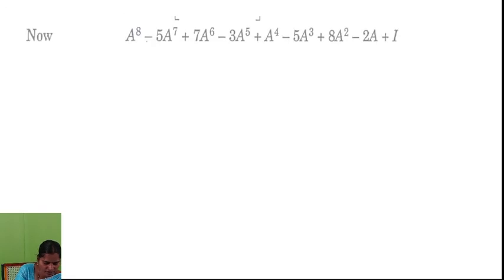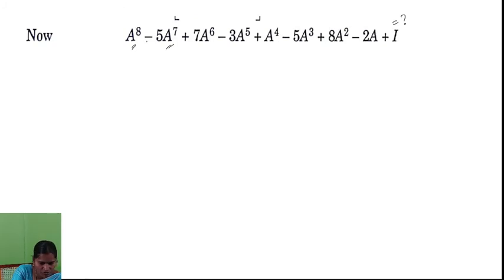Next, we need to simplify, which means we need to find the value of this equation. Finding the value of this equation is not very easy, because we need to find A power 8, A power 7 and all those terms. But finding A power 8 is very tough. So we shall think how to eliminate some other terms in this equation.